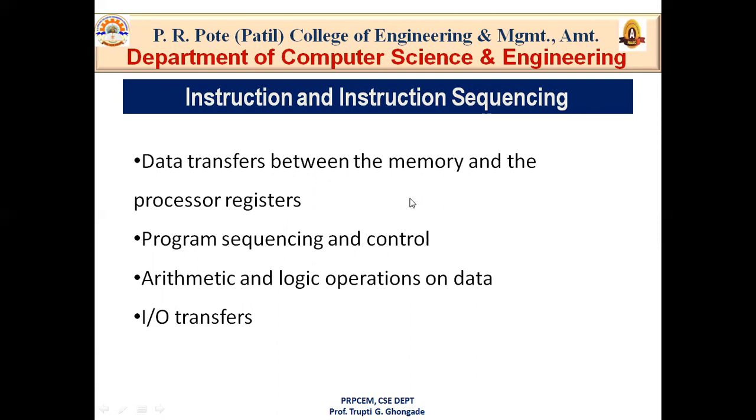So the first operation is data transfer between memory and the processor registers. Why processor registers? Because the processor itself cannot store any type of data. It needs some storage device to store operands or instructions, which it fetches from the memory.